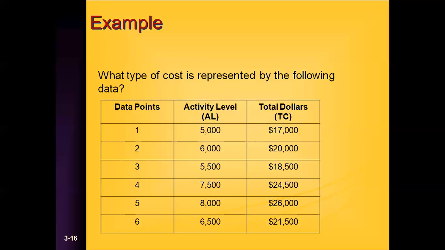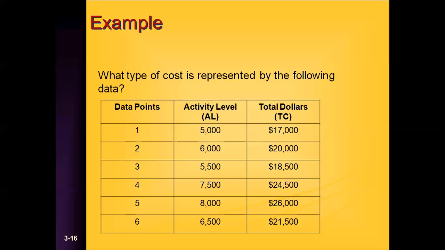Let's look at another example of a cost. Okay, here again we have 6 data points. We have activity levels going from 5,000, 6,000, 5,500, 7,500, 8,000, 6,500, and then we have total dollars.